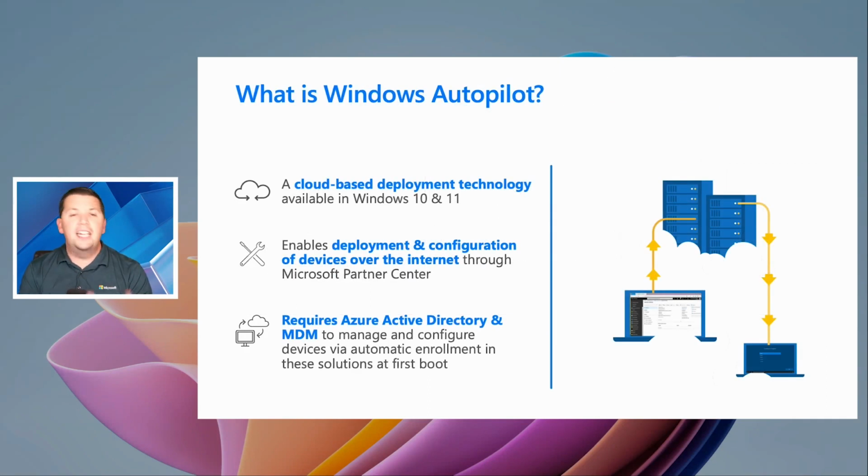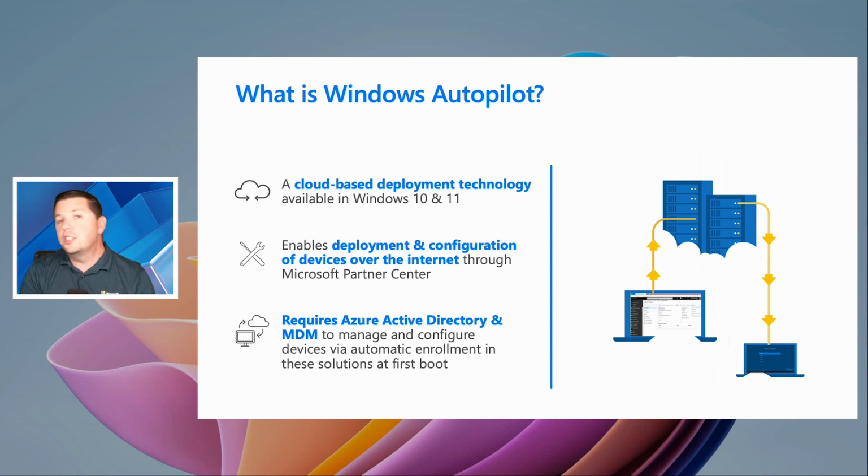Windows Autopilot is a cloud-based deployment technology for Windows 10 and 11 Pro education devices. It truly enables us to deploy and configure these devices over the internet without ever having to touch them, and without IT ever having to bring all those devices into a single office to try and physically set them up with a single USB drive. And it requires just a couple different things.